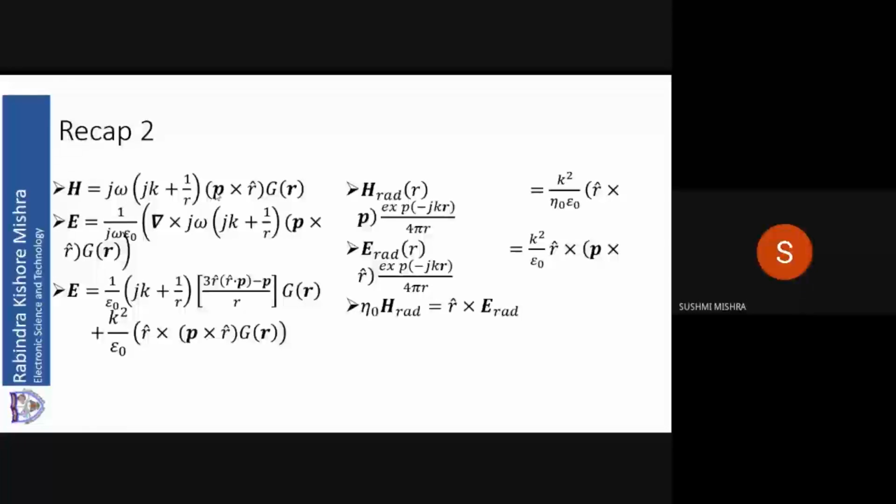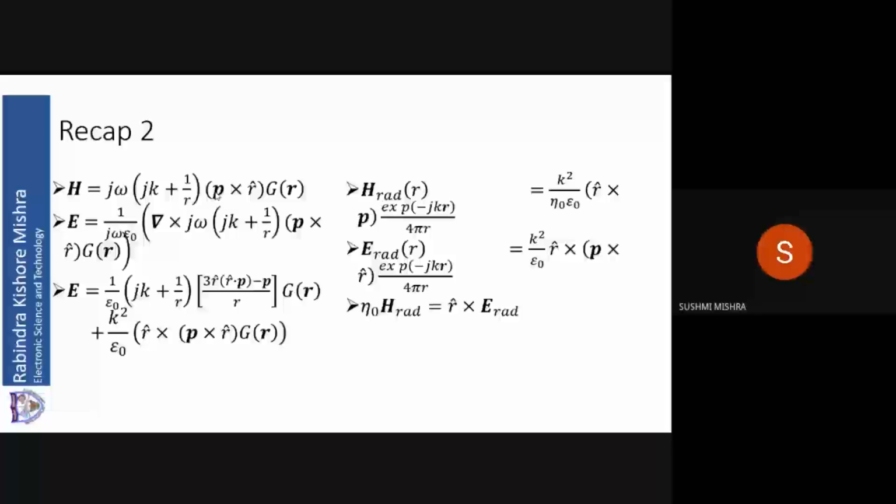So finally, E is simplified to 1 upon epsilon 0 (jk plus 1 by r), they remained outside. Then vector differential operations took place. So that gave me (3 r cap (r cap dot p) minus p) over r into G(r) plus k square by epsilon 0 r cap cross p cross r cap G(r).